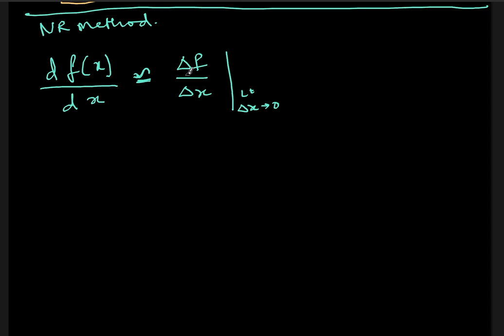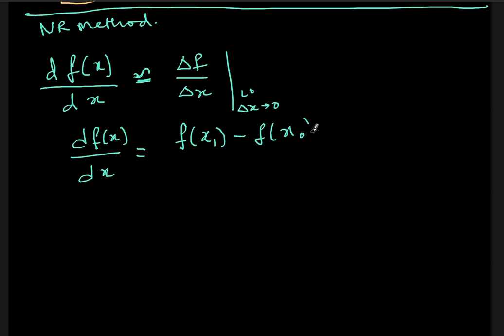The differentiation of a function is nothing but the change in the value of the function with respect to the change in the value of the variable. This you already know. There is nothing very difficult here. So I'll write once again: df of x by dx is equal to f of x1 minus f of x0.